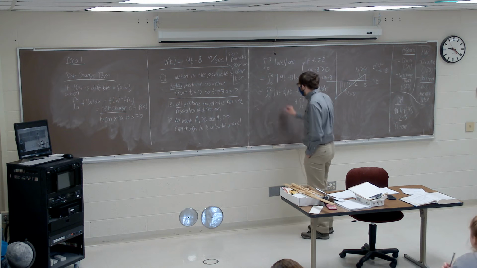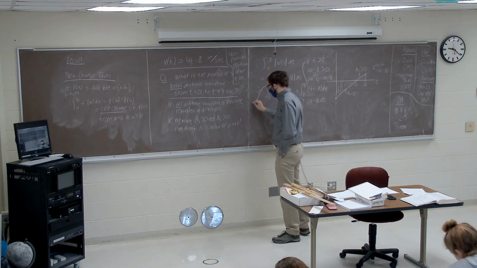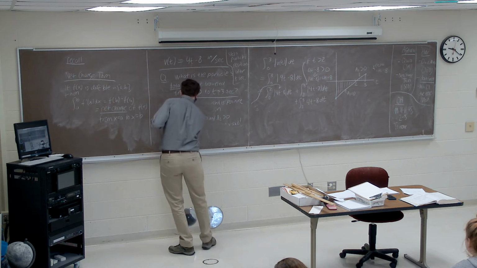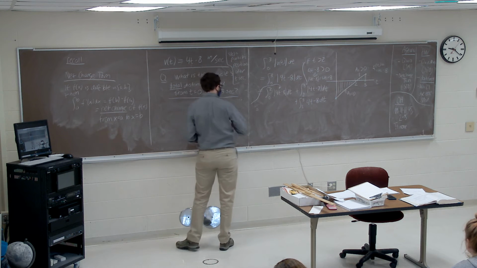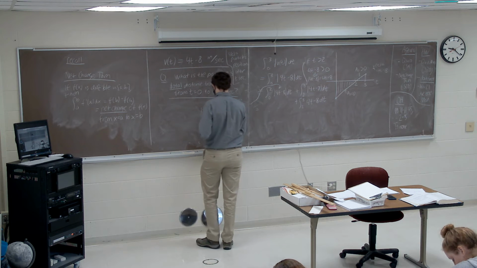So now I want to look at this first integral. Let me give myself some more space. In our first region that we're looking at, we're going to have that t is less than 2.